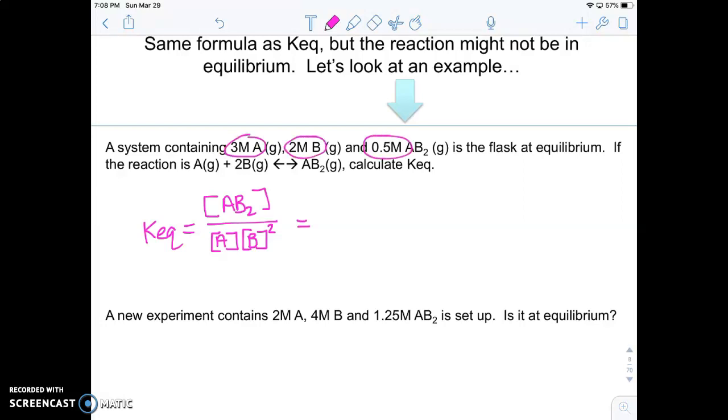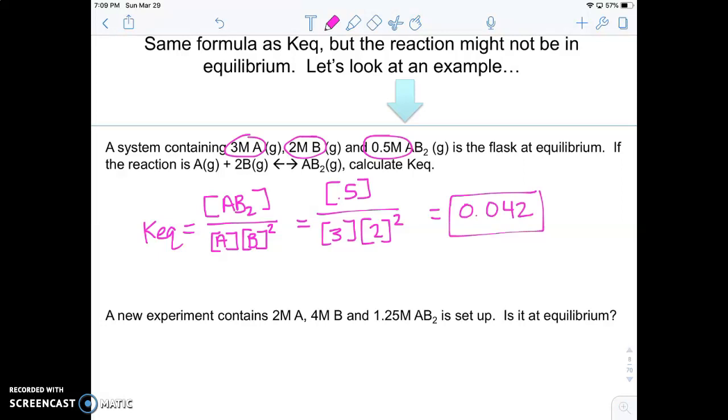If I plug those concentrations in, I can solve for a number for KEQ. AB2 is 0.5, A is 3, B is 2, and that's going to be squared. If I solve for KEQ, I get 0.042. So that's my equilibrium constant.